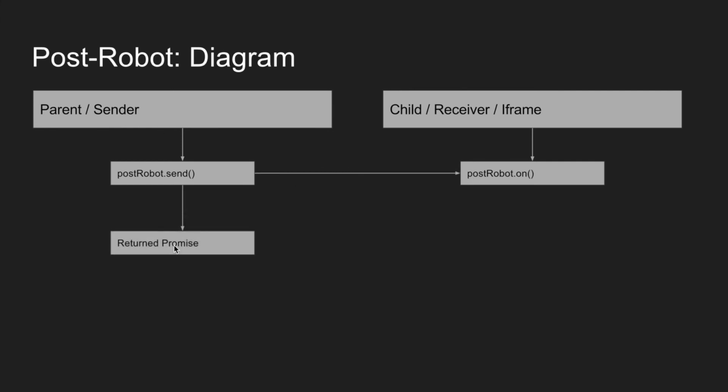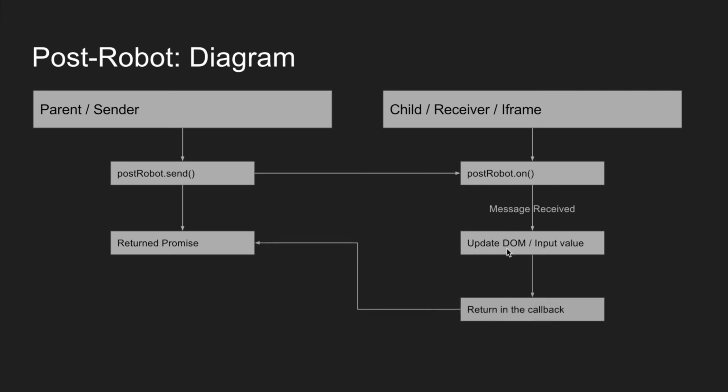And that immediately returns a promise, so the rest of our application will keep on loading. Meanwhile, in the iframe, we receive the message, we're going to update the DOM, and then we're going to return in the callback, which then goes back to the returned promise and gives it the value that we returned. Then the promise is resolved, and we are free to do whatever we want in our application.